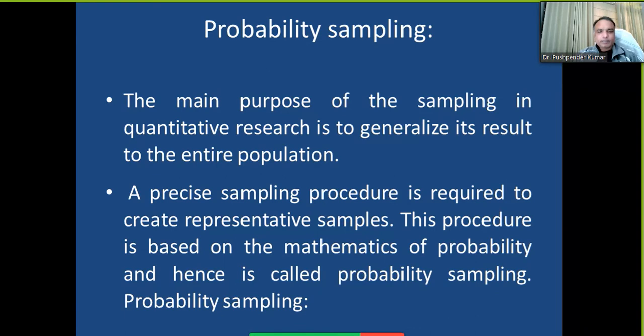Probability, an event occurring by chance, that is probability. What is the chance of that particular event occurring? So we know a little bit of probability. This is by chance.